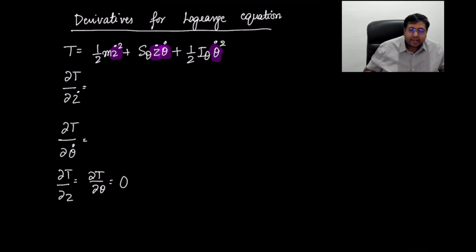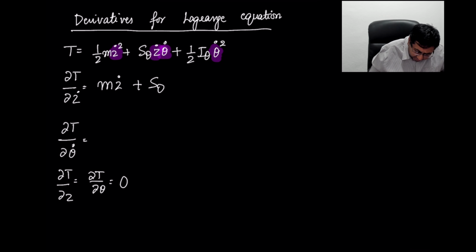And we can write dou T by dou z dot as m into z dot plus S theta into theta dot. And similarly, I can write dou T by dou theta dot as I theta into theta dot plus S theta into z dot.